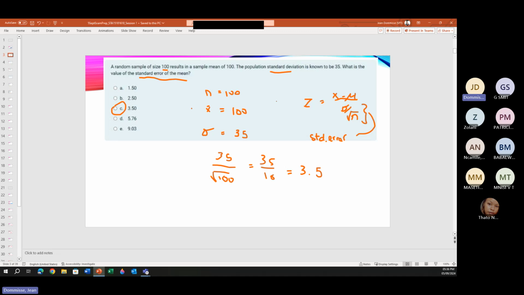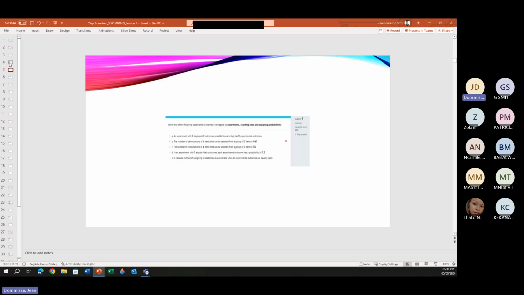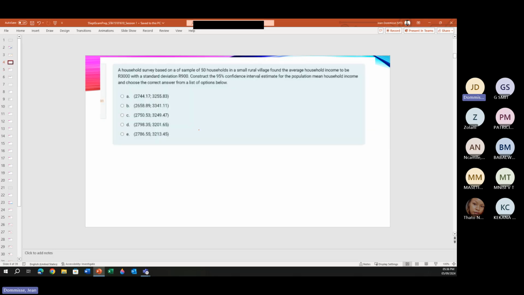So let's look at another question. This was also from study unit 4, and what I'm also bringing in is that we'll change this up a bit. So then we will go into another question as well.